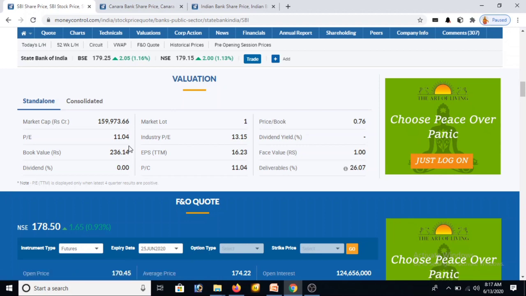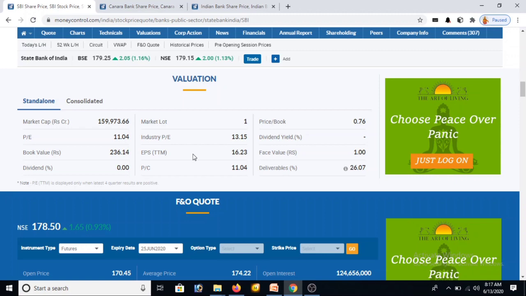So we can just assume like this. So this explains, when we compare with the peer companies, we can have an idea whether this particular stock is overpriced or underpriced.